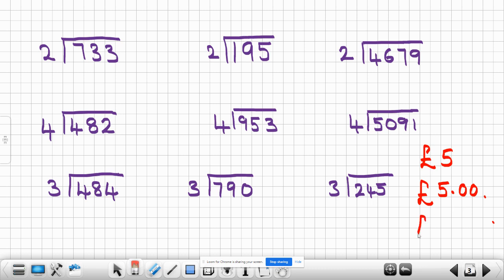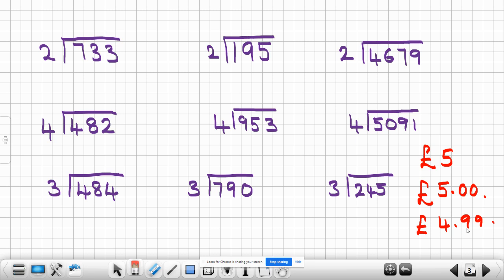So if we have something like 4.99, we know that means 4 whole pounds and then 99 pence. So the decimal is splitting up the whole numbers from the smaller parts, the parts that are less than 1. Less than a whole pound would be pence, but in mathematical terms, it just means less than 1 unit.